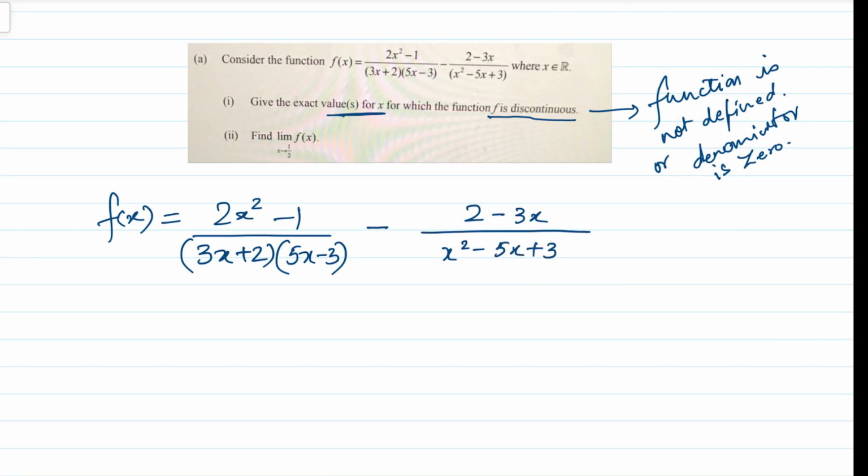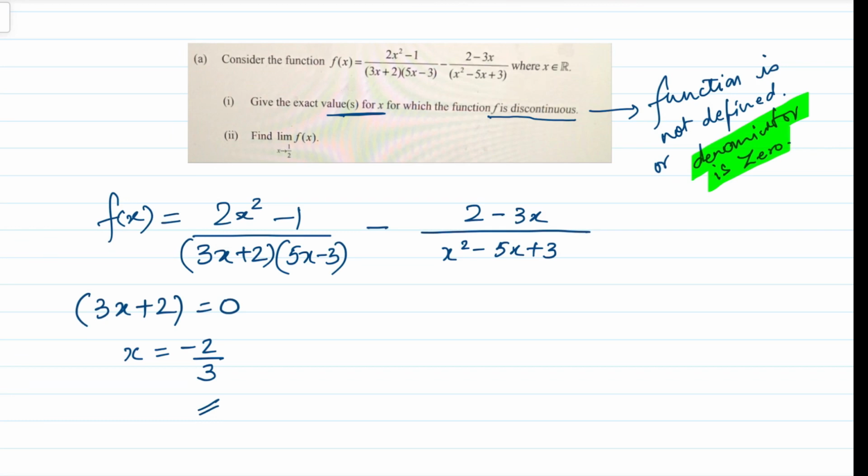So to make the denominator 0, we can put the first bracket as 0. If we put 3x plus 2 as 0, 0 times anything will give us 0. So if that is 0, x is equal to minus 2 over 3. That is the first value of x where the function is discontinuous.